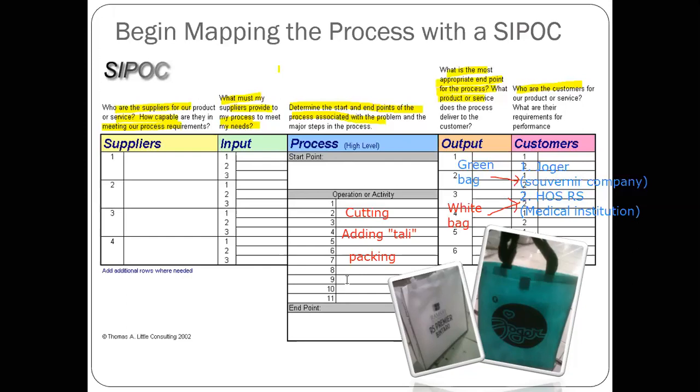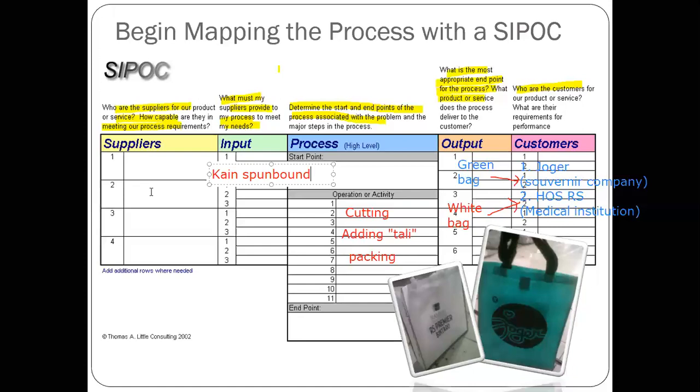We are trying to understand the activity, and then what kind of input belongs to the raw material. Here the main raw material is called spunbond. So we are trying to understand who the supplier of the spunbond is.